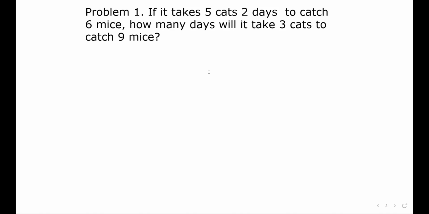Before we pass to solving such exercises, I would like to briefly explain what we mean by direct and indirect proportions, because we are going to use these ideas here. So we are going to consider two easy problems.